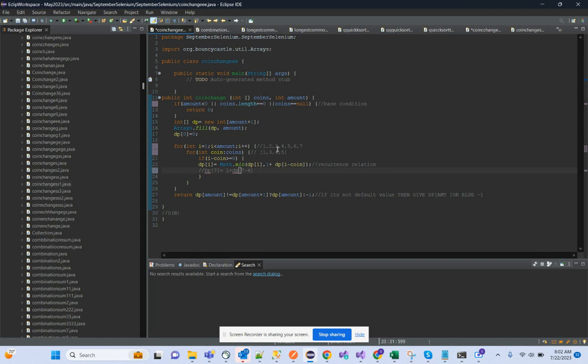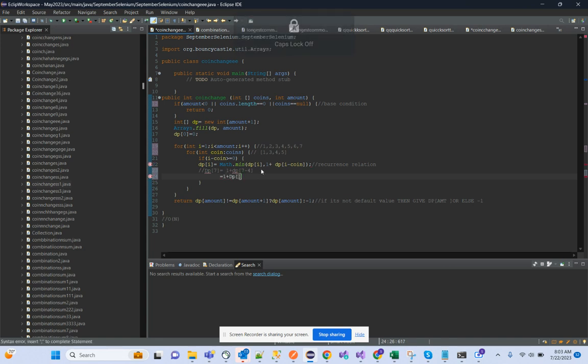Suppose I'm taking a coin of 4, right? So 7 minus 4 is 3. So I need coins like this, right? So in all, I need 2 coins. And this is called the recurrence relation.